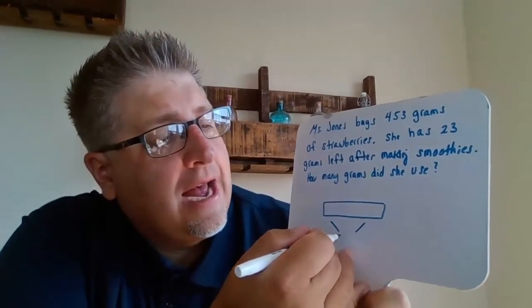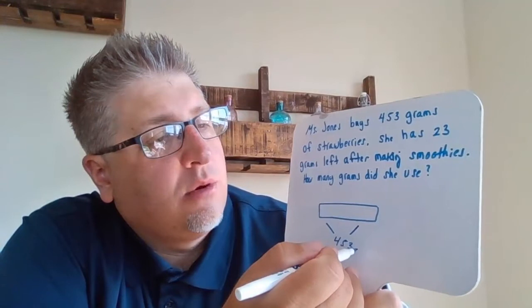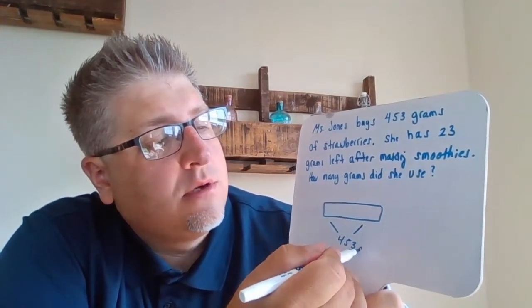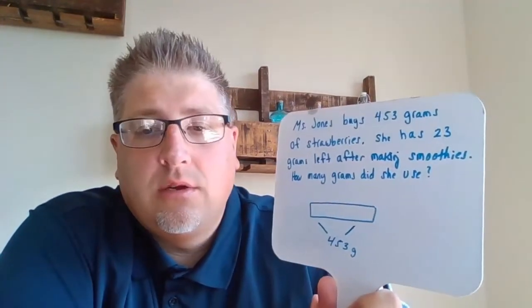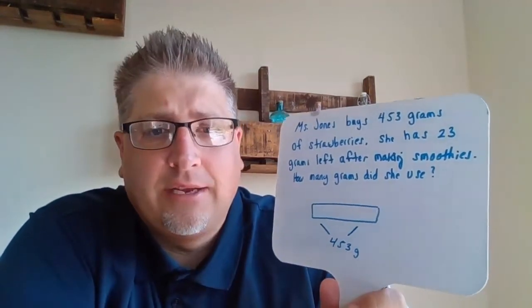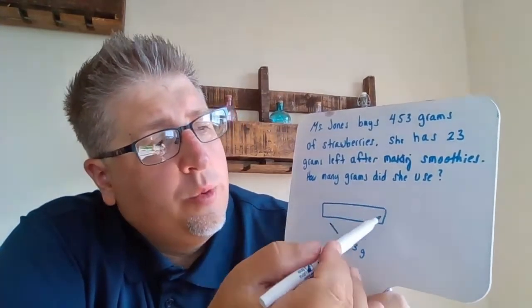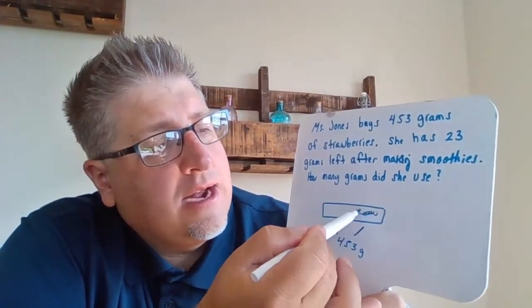We know that she had 453 grams of smoothies, or excuse me, of strawberries. Okay, and I kind of like to use this tape diagram here. Okay, so we know she used, and I'm just going to make a little.